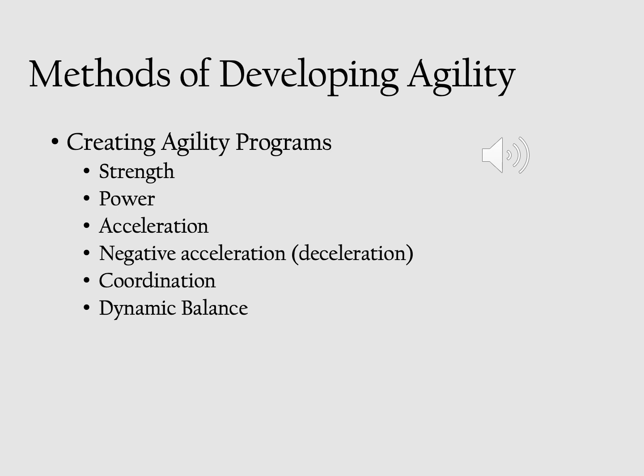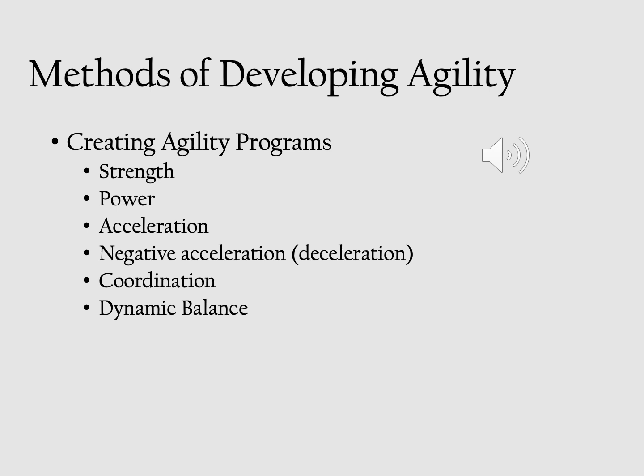Coordination. Coordination involves the ability to control and process multiple muscle movements in order to effectively perform an athletic skill. Nearly all human movement occurs through multiple joints and muscles working in a coordinated fashion in order to accomplish a given task. Therefore, we must mimic the movements done on the field, in the weight room, and during training.